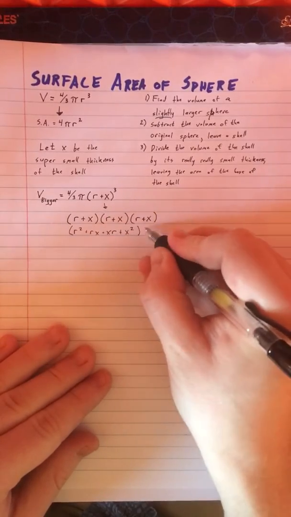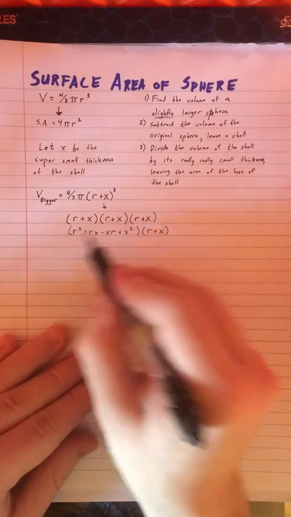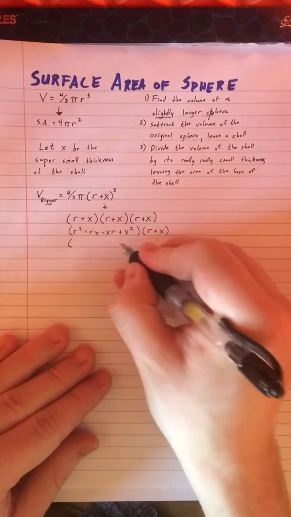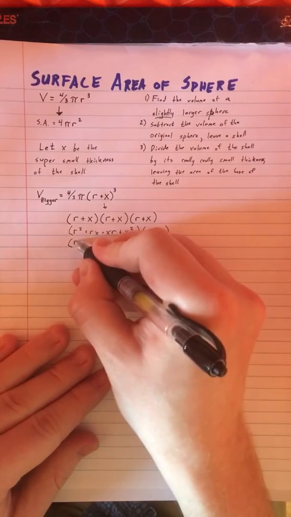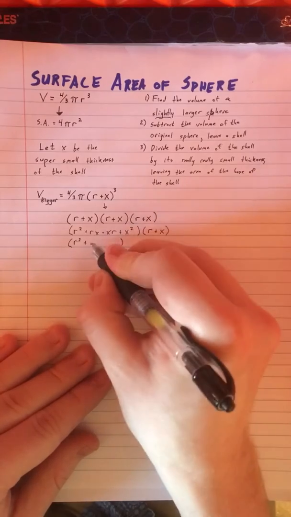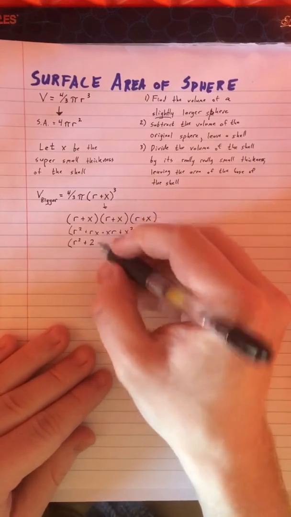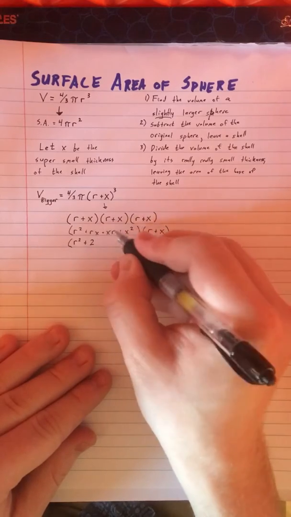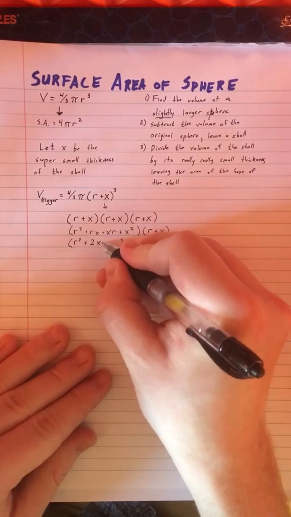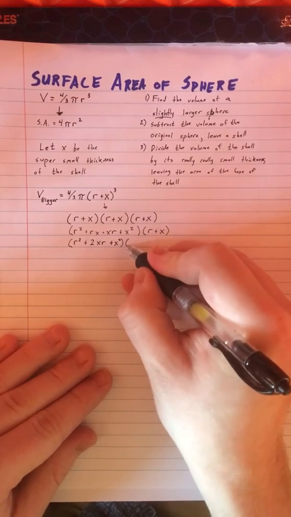And all of this will have to be multiplied by r plus x. Again, I can go through and do my distributions. I'm going to clean this up a little bit first, because I notice that these two terms are actually the same thing. r times x is the same as x times r, the same way that 2 times 3 is the same as 3 times 2. So I have 2 xr's, and I have an x squared.